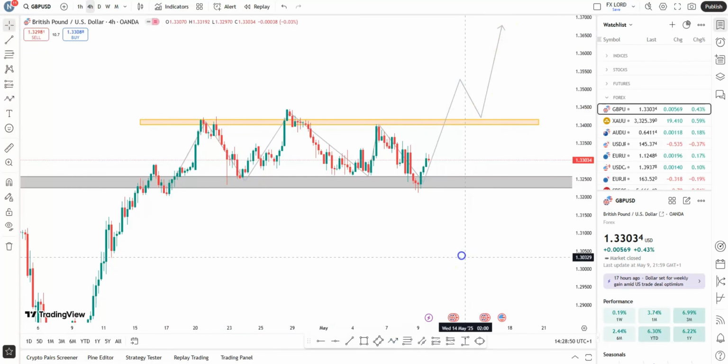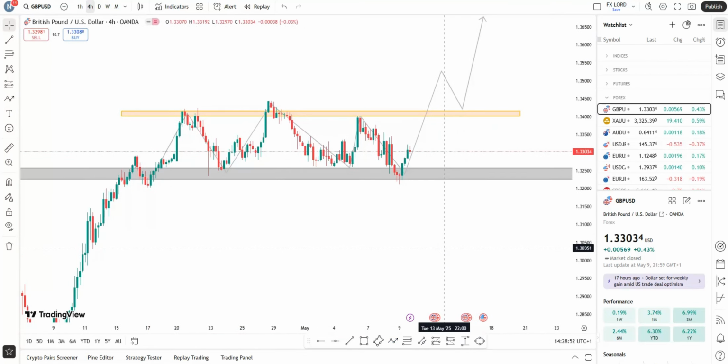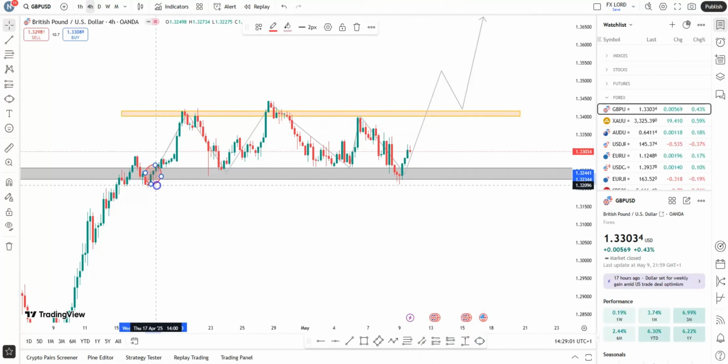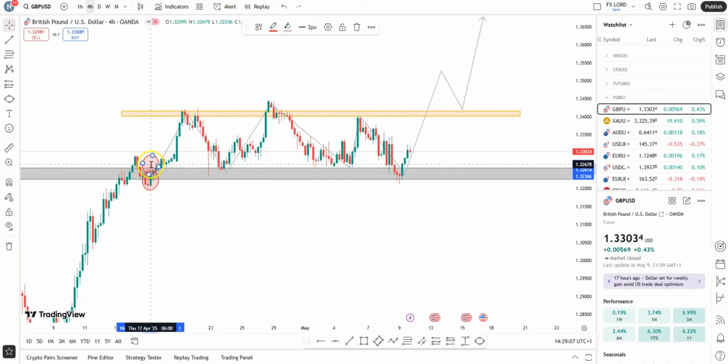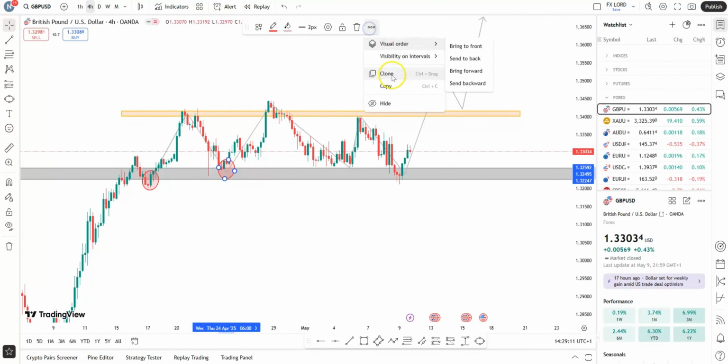But here is what I'm looking at. This is my bullish scenario on GBP USD. So we can look at this. Many touches happening at the support level. We had one touch here, so I'm just gonna clone this. We had another touch here, we had another touch here, clone this again.